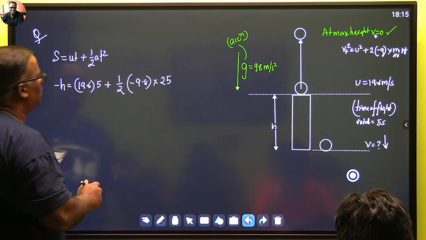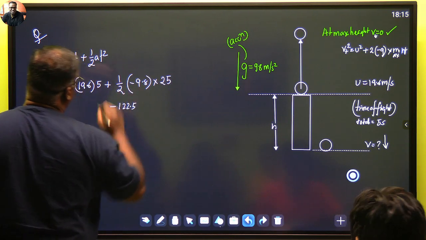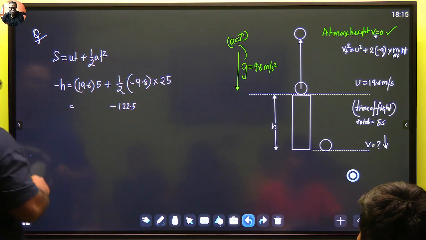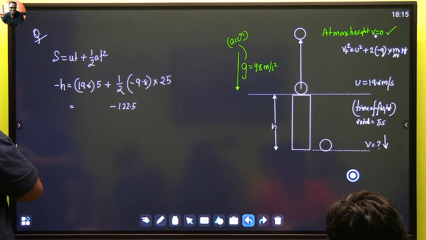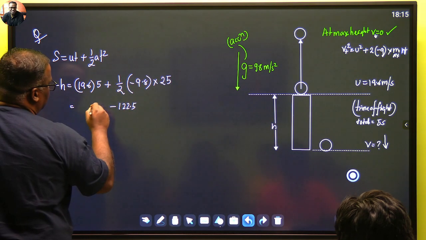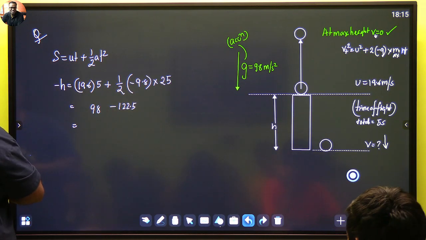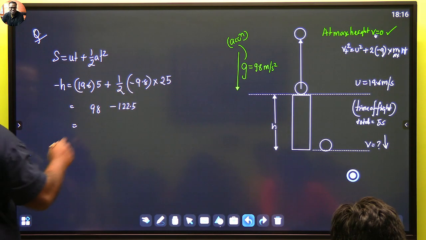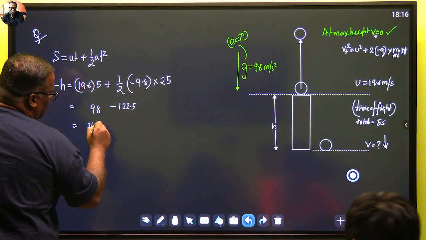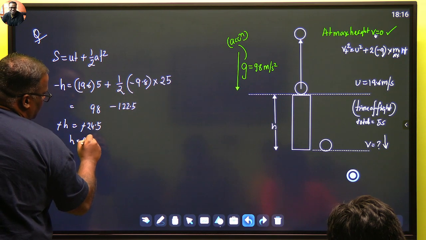So this is 122.5, which is negative 122.5. Do you agree? And here, how much is it? 19.6 into 5, so this quantity is 98. What is 98 minus 122.5? 24.5 negative, and this negative h, so what is the value of h? 24.5.